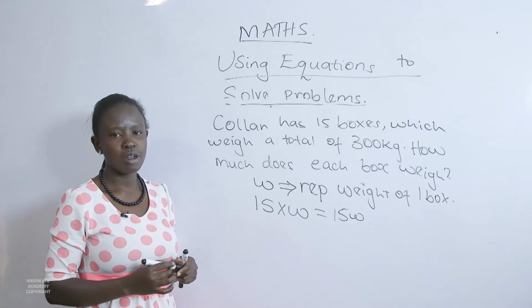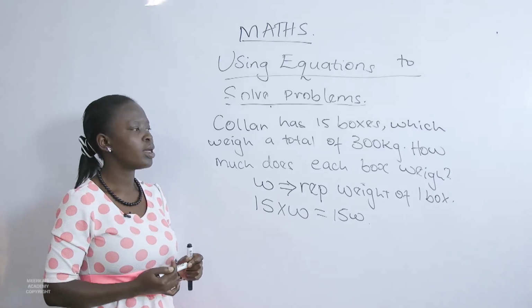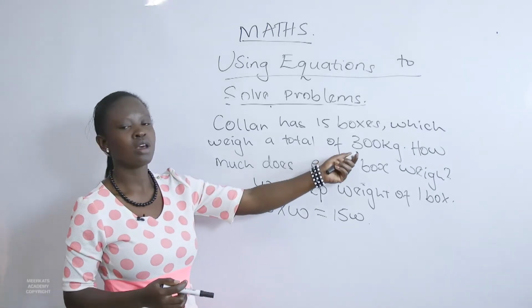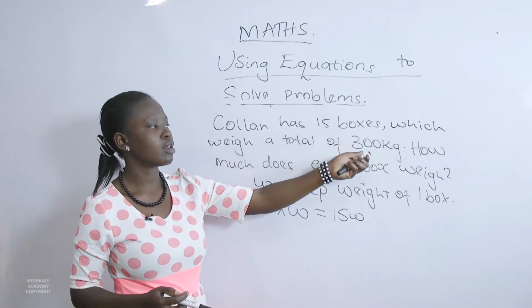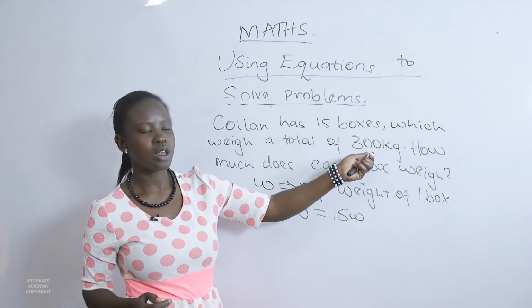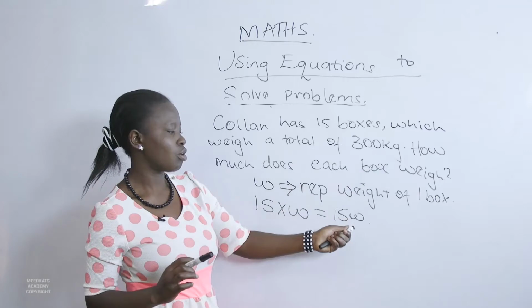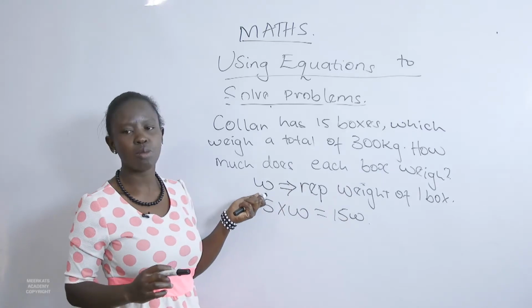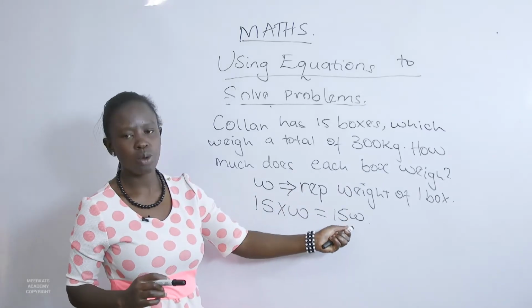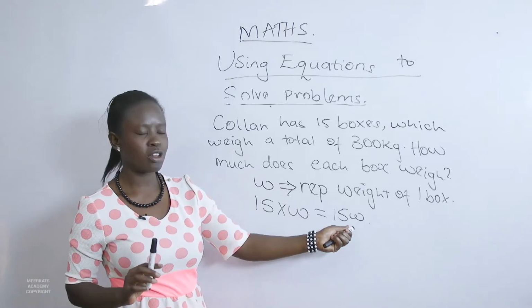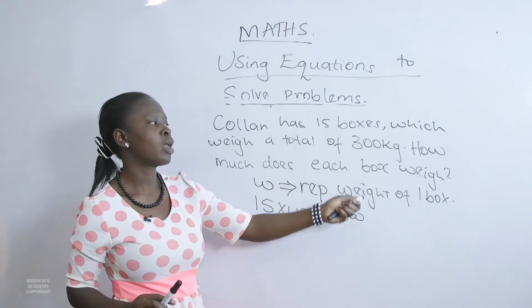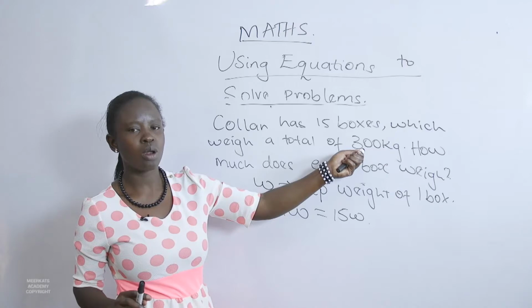Then we are being told in our question that the total weight of these 15 boxes is 300 kilograms. So what does it mean? We've calculated using the pronumeral W, and we now know that the total weight of the 15 boxes is 15W. But we've been given the actual weight.